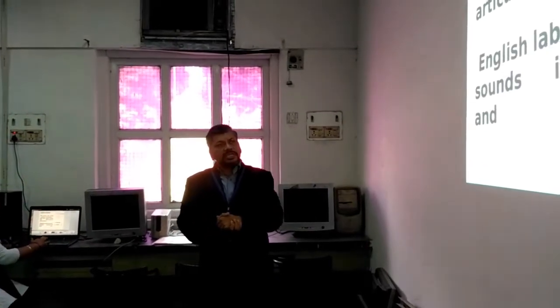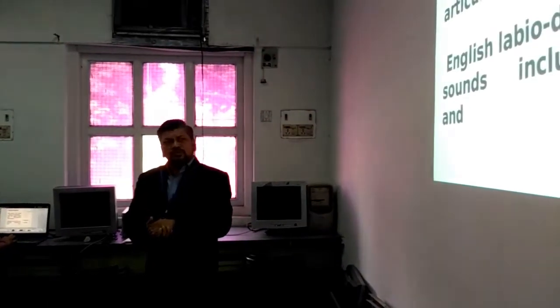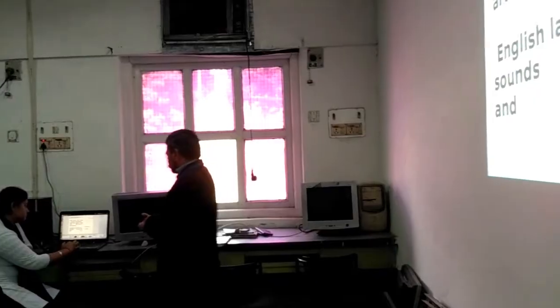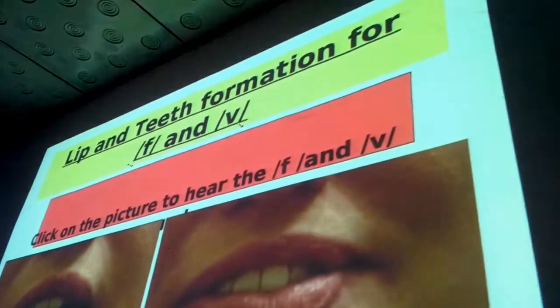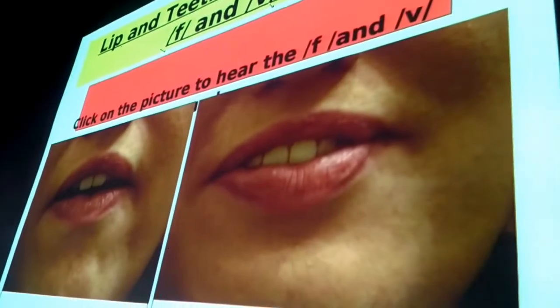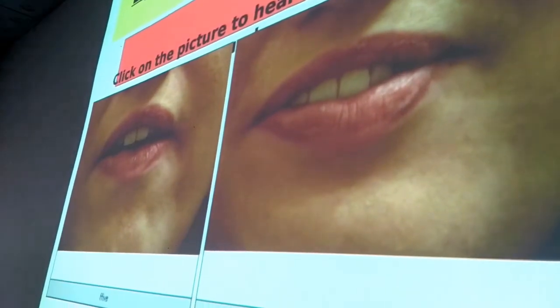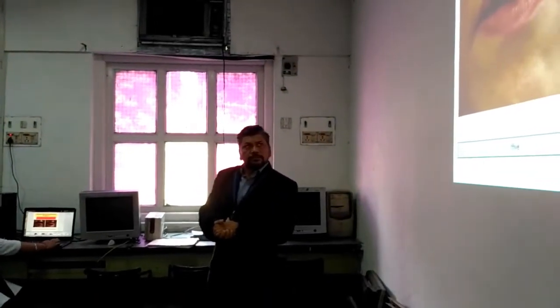Then you can see the sound production and mouth formation next. This is the mouth formation for f and v, where the lower lip is shown as the active articulator and the upper teeth are shown as the passive articulator. Next slide, please.